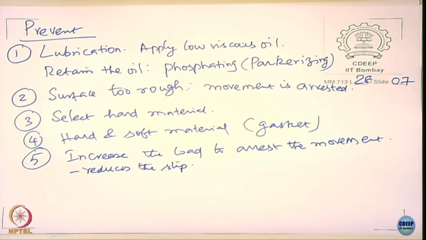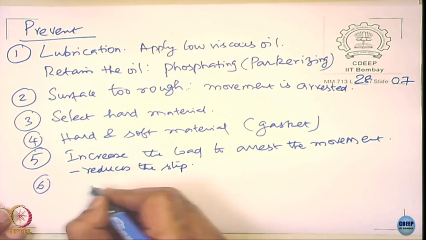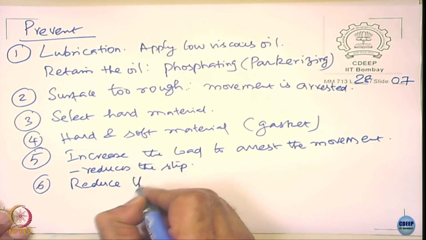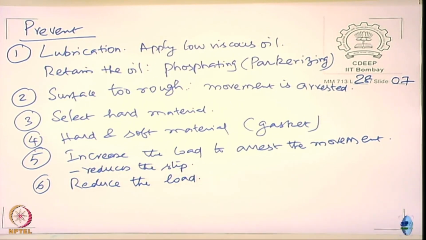If you cannot do that, what do you do? Reduce the load. You do not find any other corrosion mechanism where solutions are given exactly opposite, right. You can see the solutions are exactly opposite, but you do understand what happens, right.